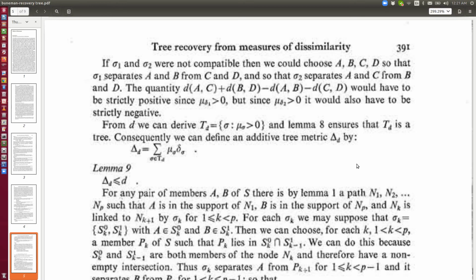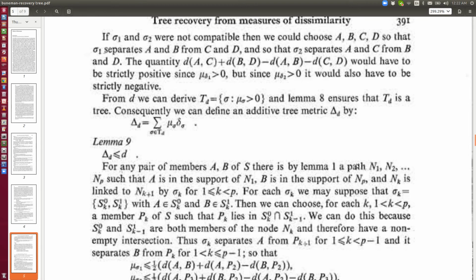Okay, let's continue our journey with this paper by Buneman, like in the 70s. We will try to show this lemma now. This lemma is basically saying that if we have the distance D, or what he calls the similarity coefficient, and the induced distance, I call it induced distance.